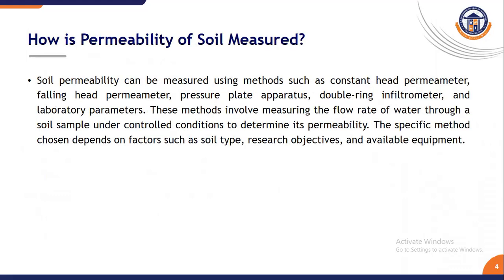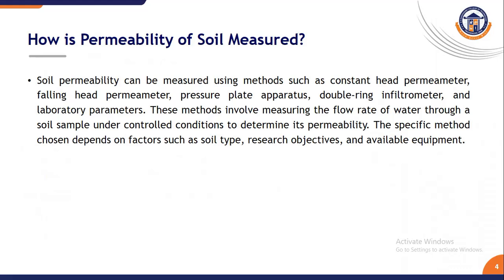The next one is how the permeability of soil is measured. Okay, here permeability of soil is measured using methods such as constant head permeameter or falling head permeameter, pressure plate apparatus, double ring infiltrometer and laboratory parameters.